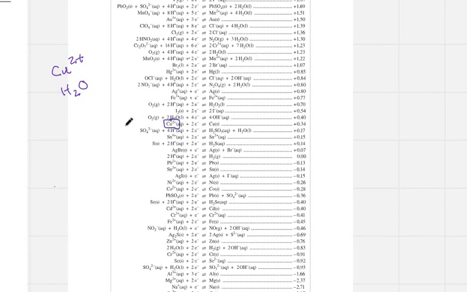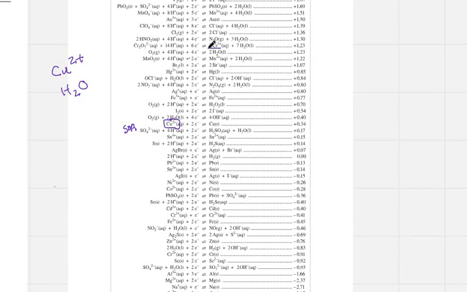That would be our strongest oxidizing agent. Reading up here, we're looking for copper 2 or water. No luck, no luck, no luck. Here's water, but it's with sulfurous acid, so that's no good. This is H2O2, not water. Hydrogen peroxide, still no good. Here's water with N2O4, no good.